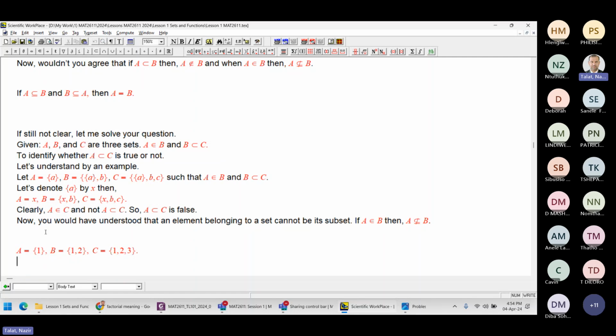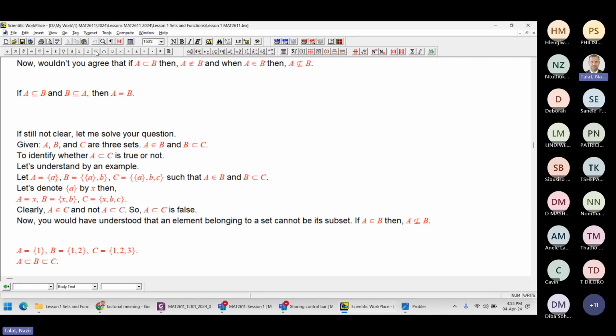Now you have noticed that A is a proper subset of B, and B is a proper subset of C. But A does not belong to B, A does not belong to C, and B does not belong to C. Here I just put the notions that A is a proper subset of B, also B is a proper subset of C.